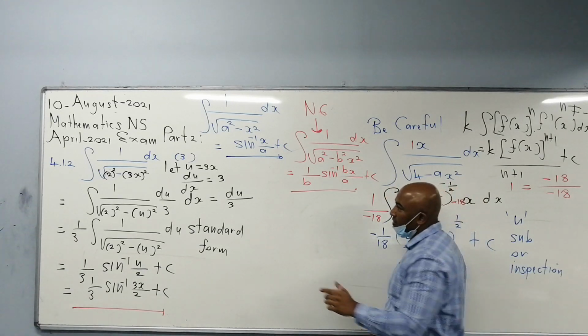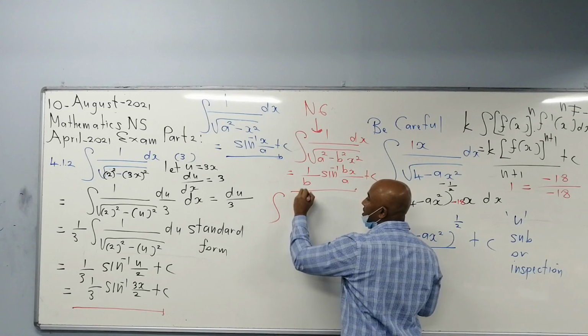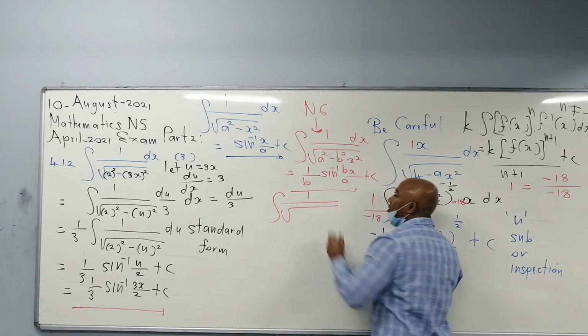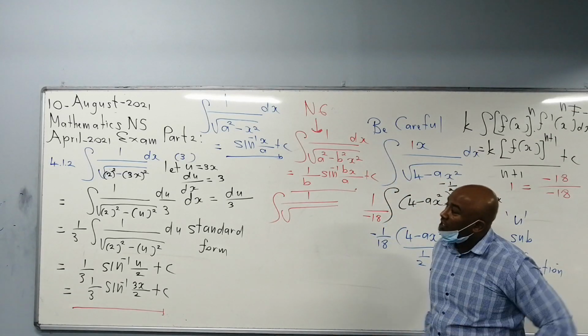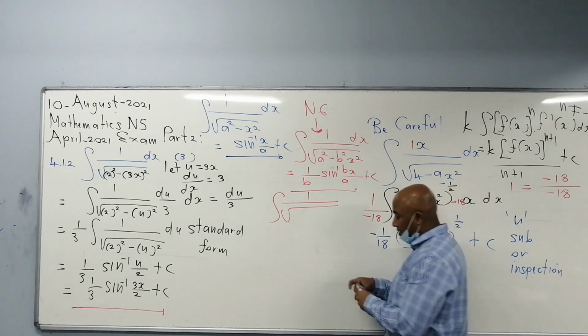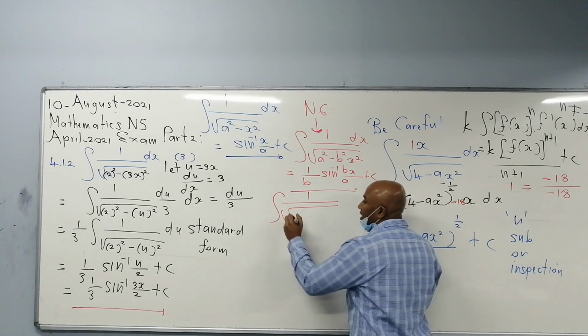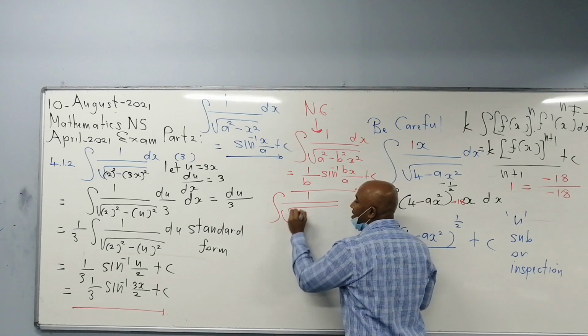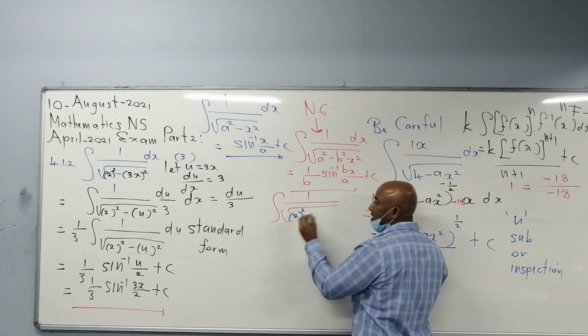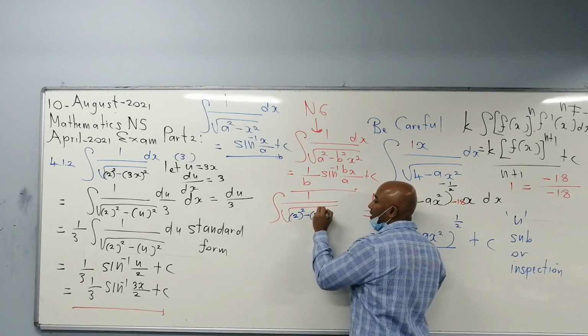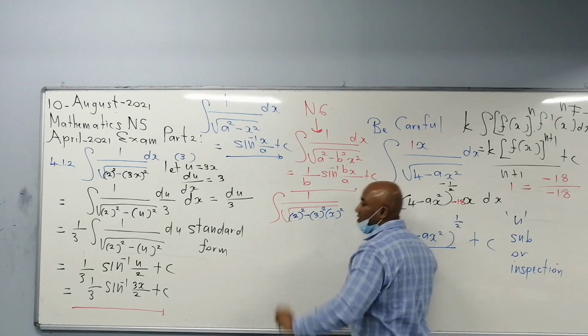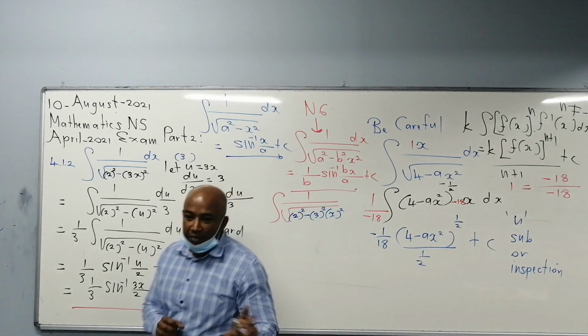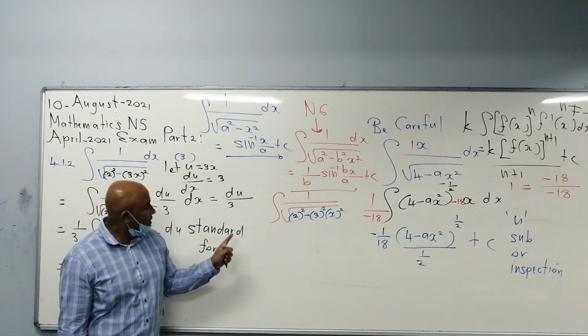Watch this here. So let's take the question. I've got the square root of, the original question was 4 minus 9x squared. So that's going to be 2 squared minus 3 squared times x squared. Can you see the difference in the way I'm representing this information?